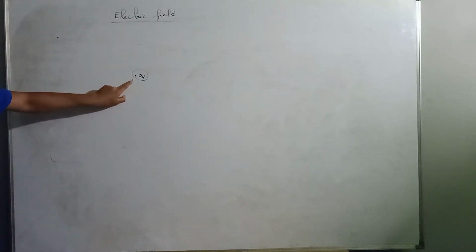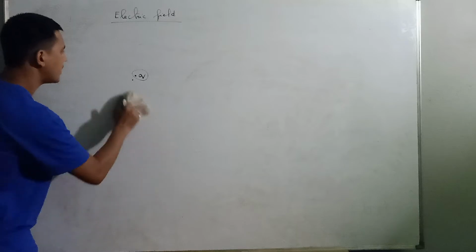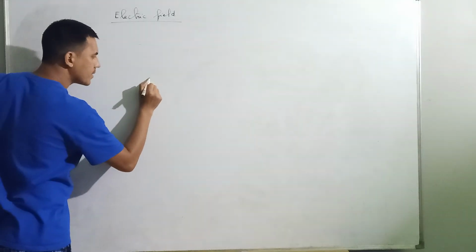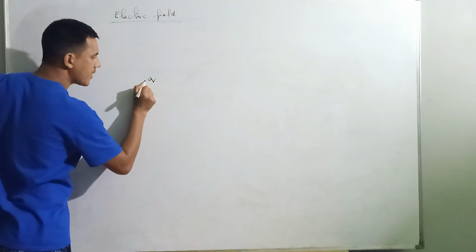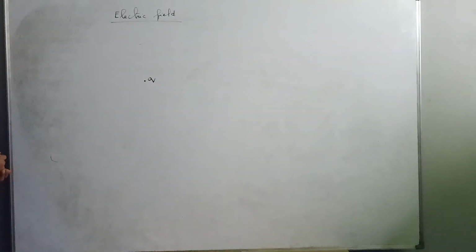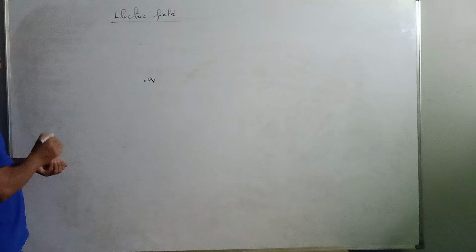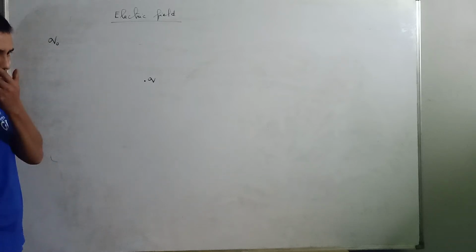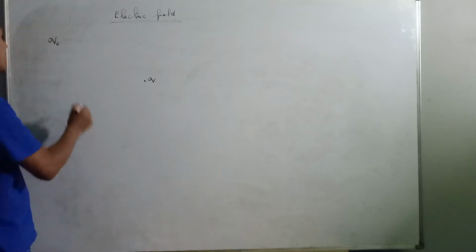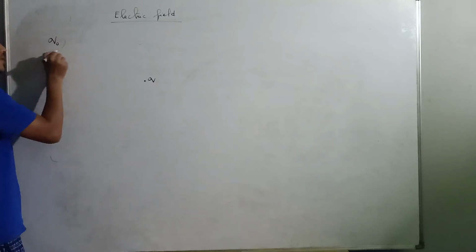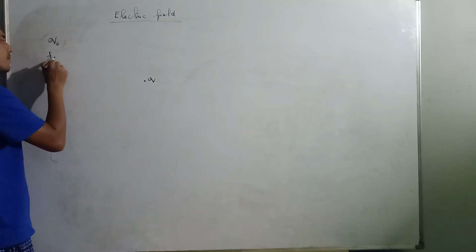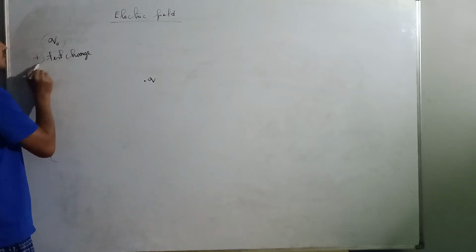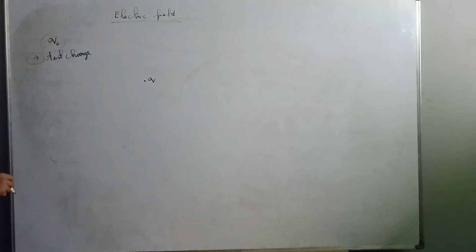Let me give the name, okay? Suppose you take a point positive charge and place it in free space. Now you take another charge, say Q naught. And this Q naught is known as your test charge. It's a positive test charge.